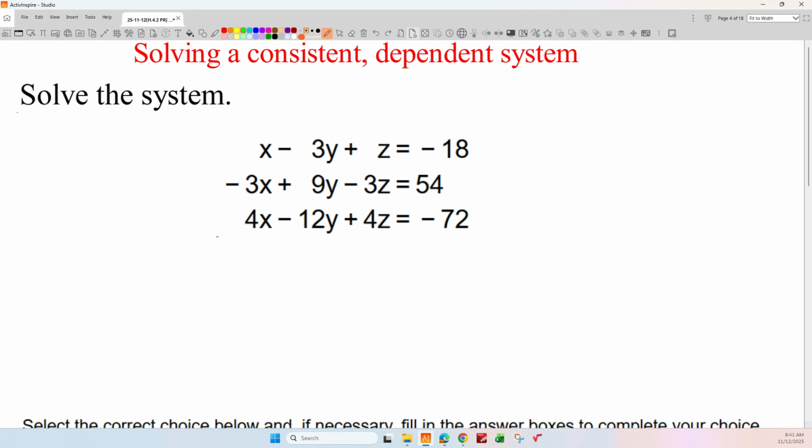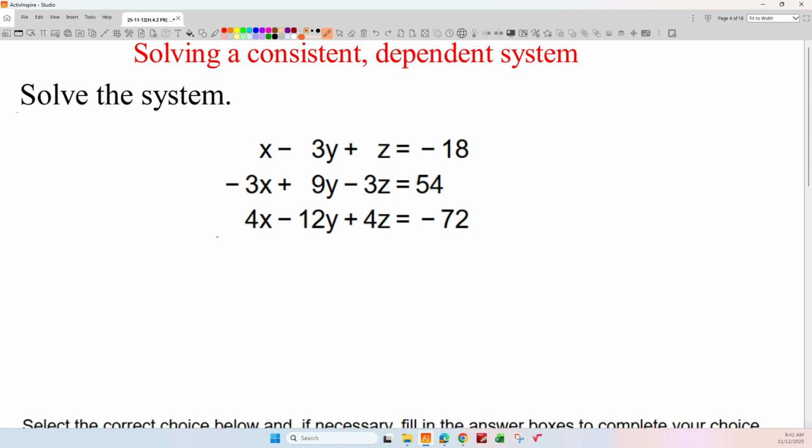What could we do to solve this system? Ideas. Eliminate y is the idea. Okay, we can eliminate y, that's fine. Top by 3, leave the middle one alone. Okay, let's try that.